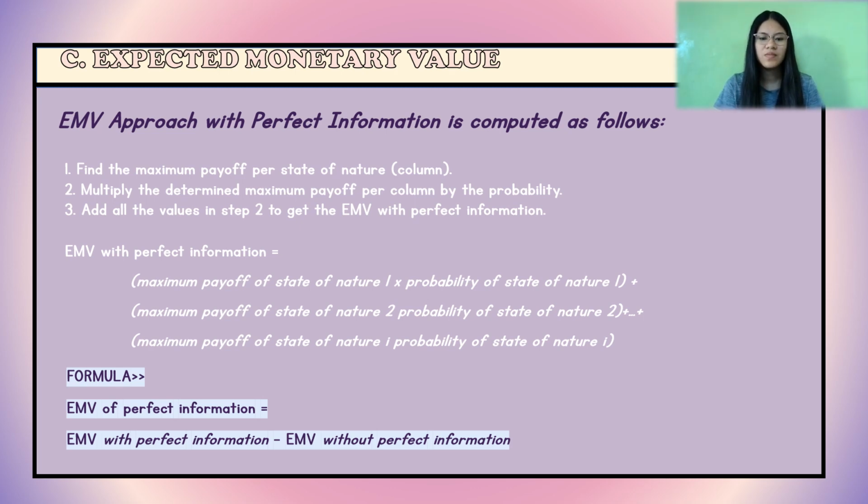Formula: expected monetary value of perfect information is equal to expected monetary value with perfect information minus expected monetary value without perfect information.